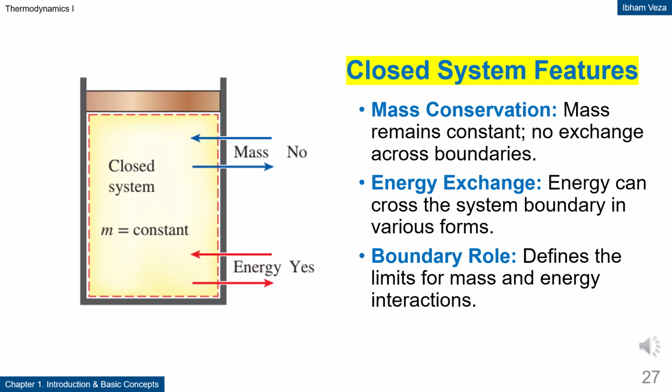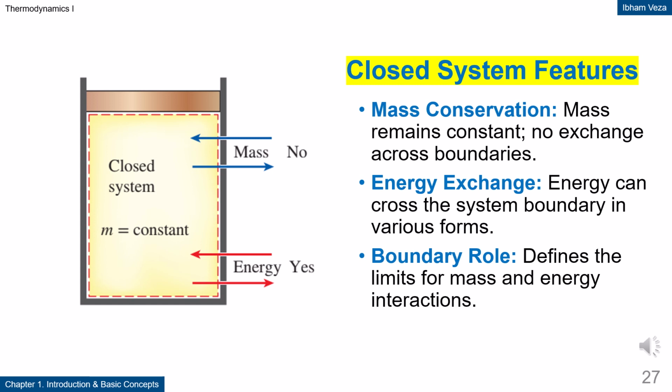Closed system features. A closed system does not allow mass to cross its boundary. However, energy can still be transferred in the form of heat or work. Since no mass enters or leaves, the mass of the system remains constant.